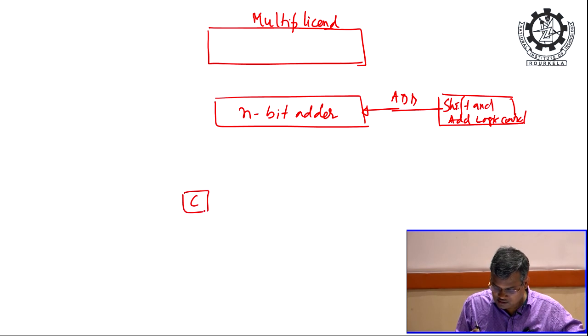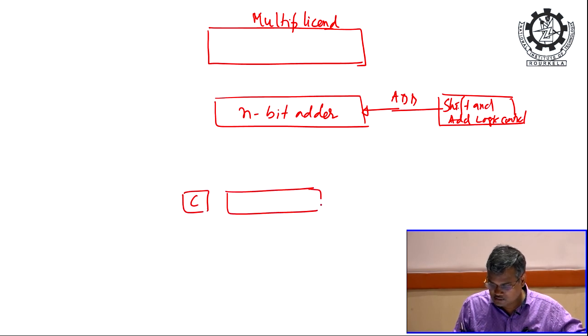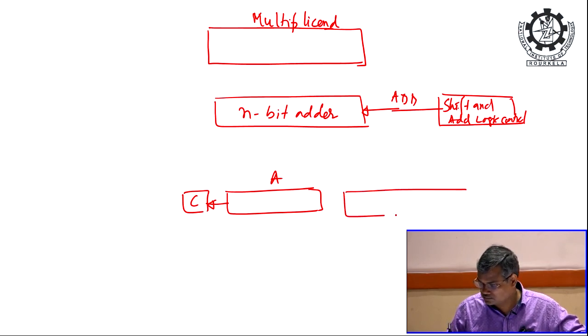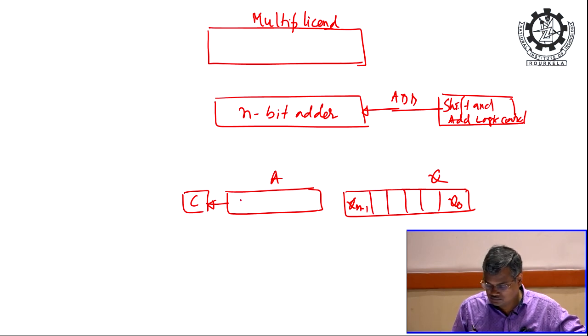C is a register, A is also a register. So, if there is an overflow, it will come to C, okay. And then we have Q here. Obviously, we have starting with Q 0 and obviously Q n minus 1, okay.